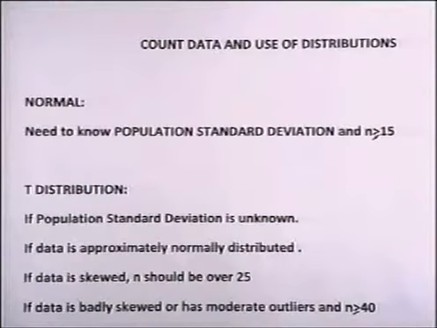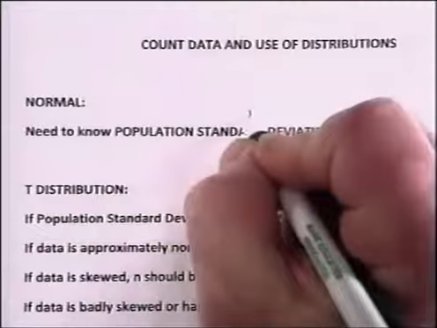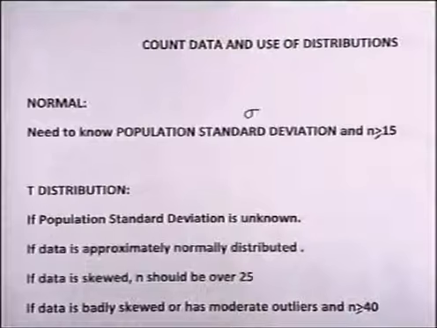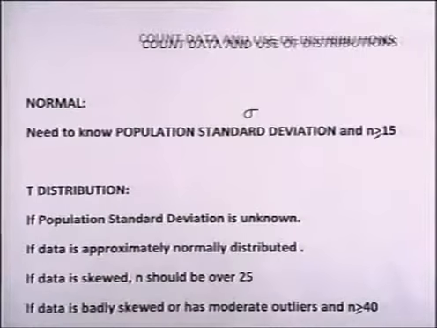If it's 15 or more, and I know the population standard deviation, sigma, I should put that down. That's what I need. If I don't, I can't. Most of the time, I'm going to go with the t-distribution.